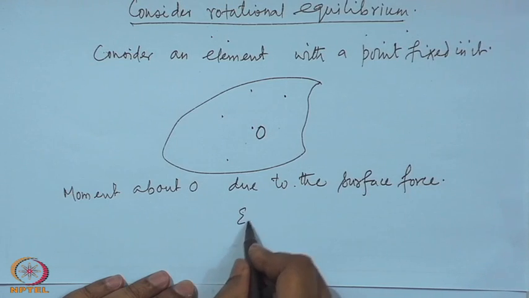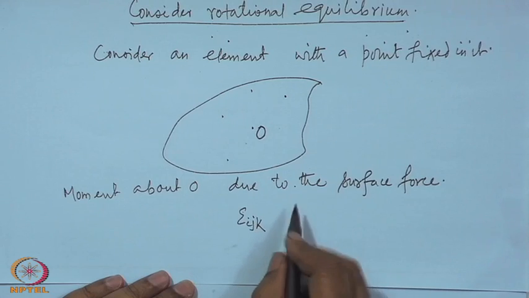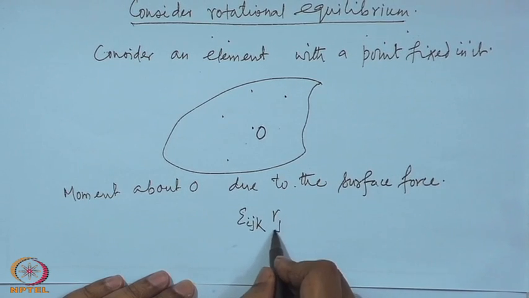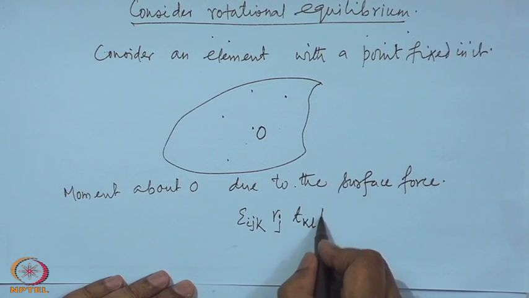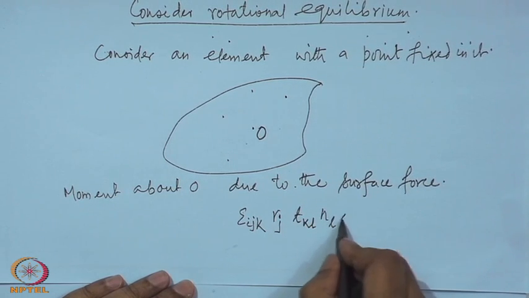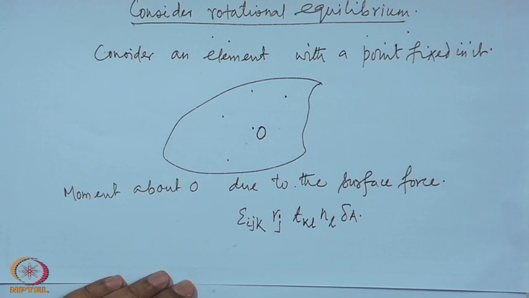So, this term we will be writing epsilon_ijk r_j, and to make that force T_kl n_l into delta A. Okay.